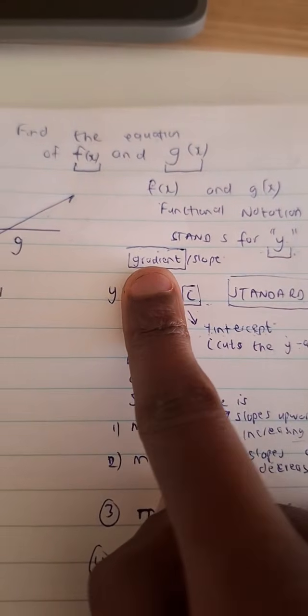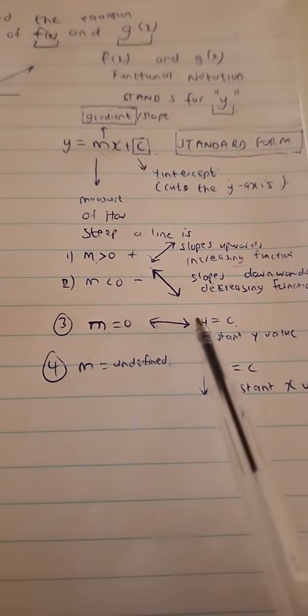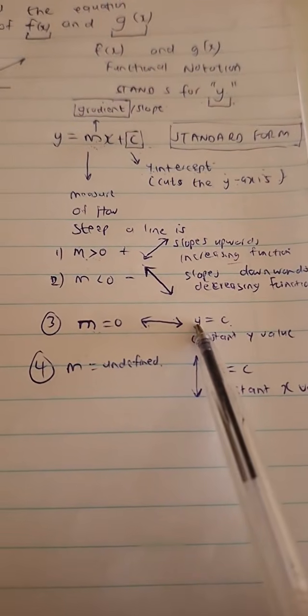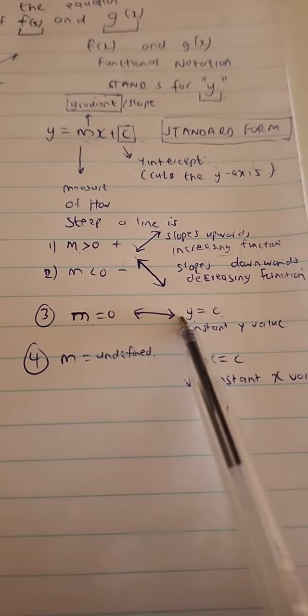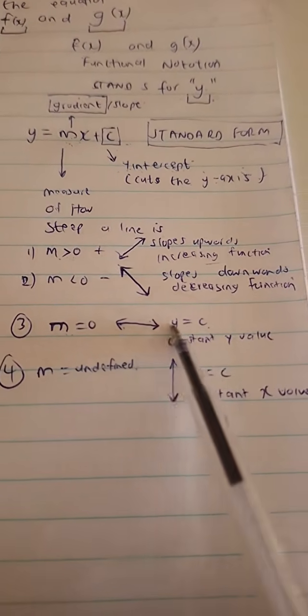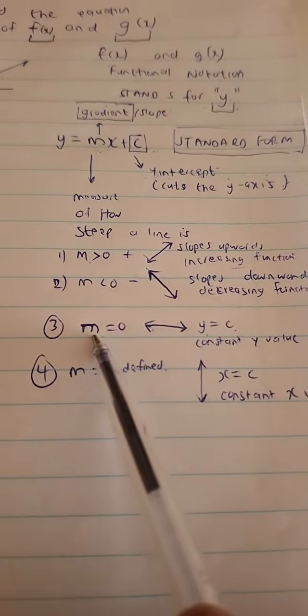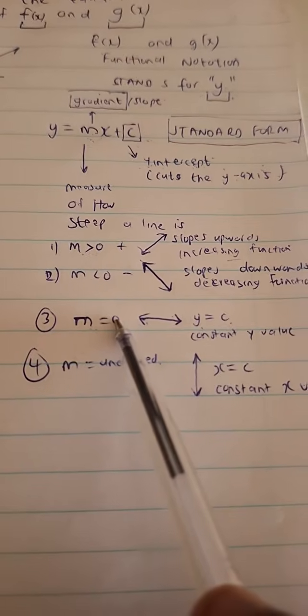We are going to be left with c. And therefore, our y-intercept will be exactly the equation of the horizontal straight line. That's why we say that the value of y is constant for a horizontal line. So that's when the gradient is equal to 0.